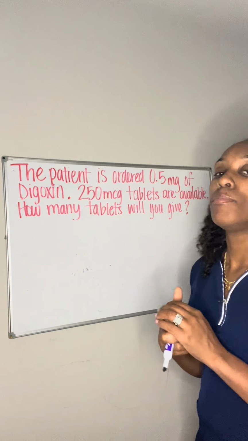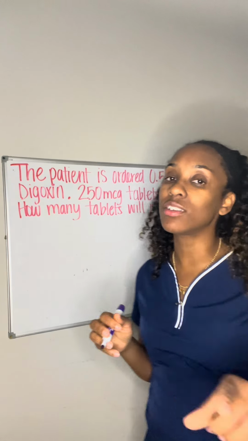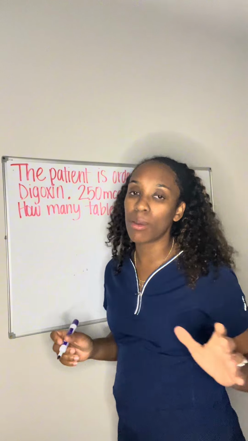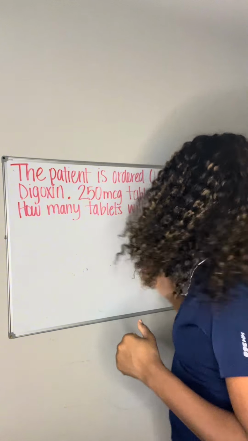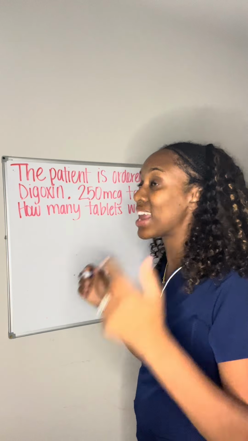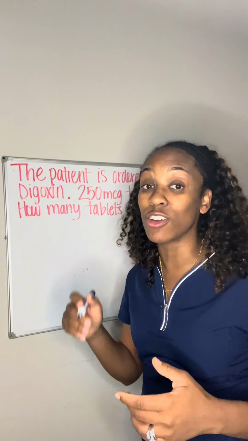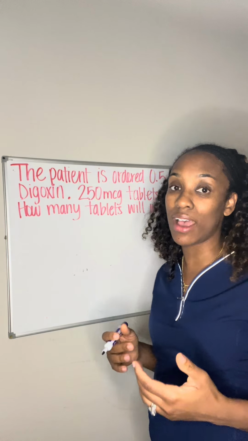All right. Before we start this problem, the first thing I need you to do, and every time you get your exams, I need you to go ahead and write down your conversions. If you practice it every day, just writing these conversions down, they're going to come in handy when it's time for the exam.